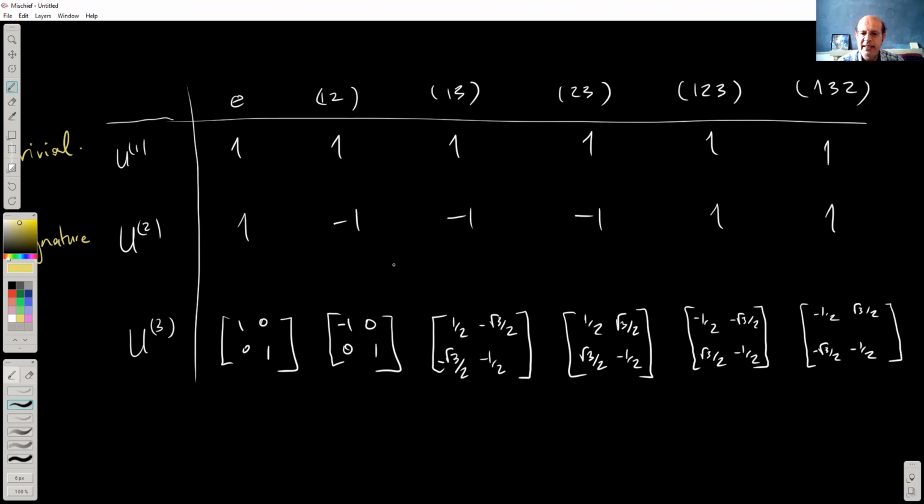So it appears that in the symmetric group S3 or S4 or S5 or whatever, there are only two one-dimensional irreducible representations, and these are those ones, okay? And we don't have any more in all of the other groups.